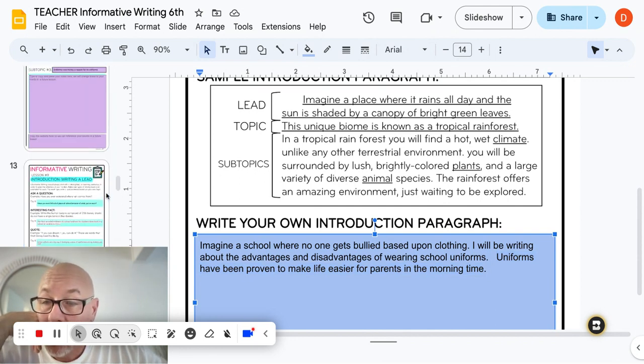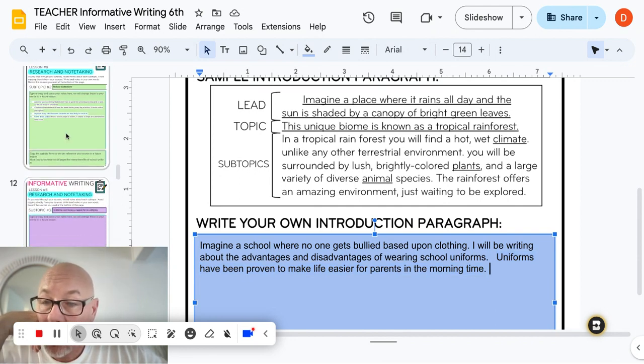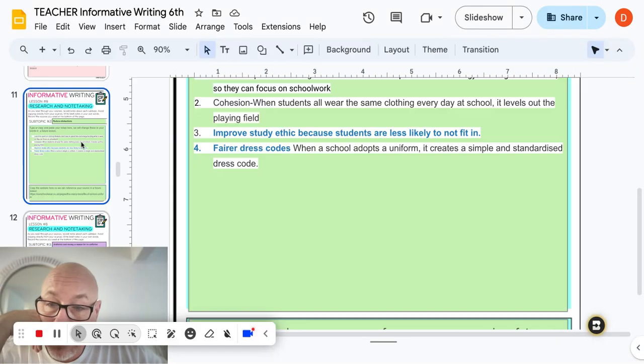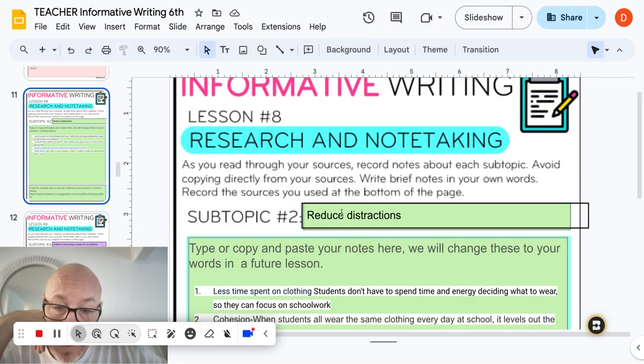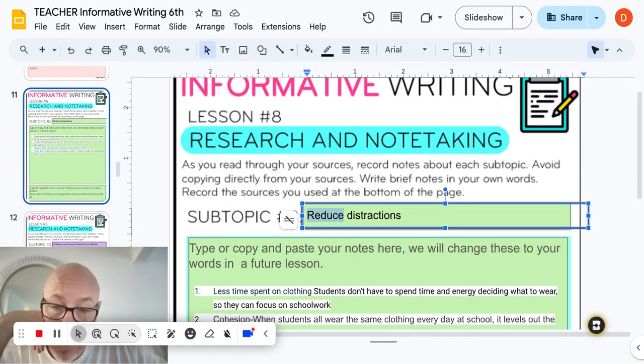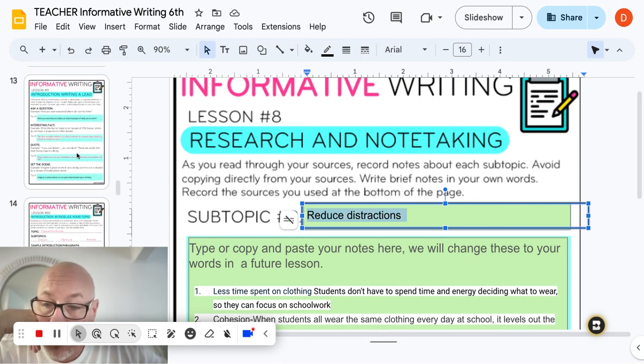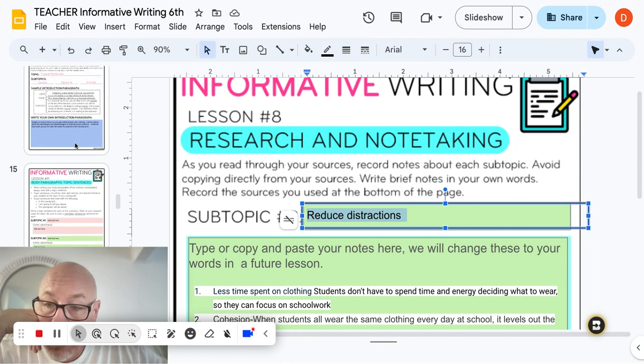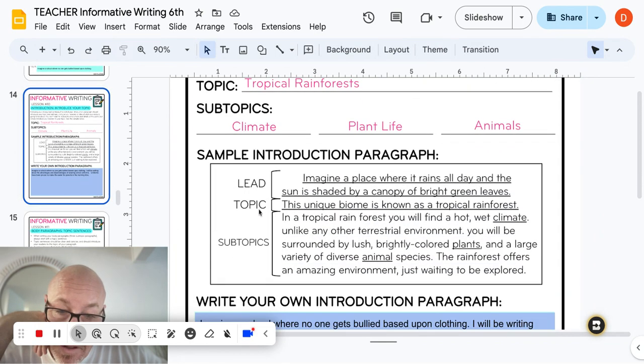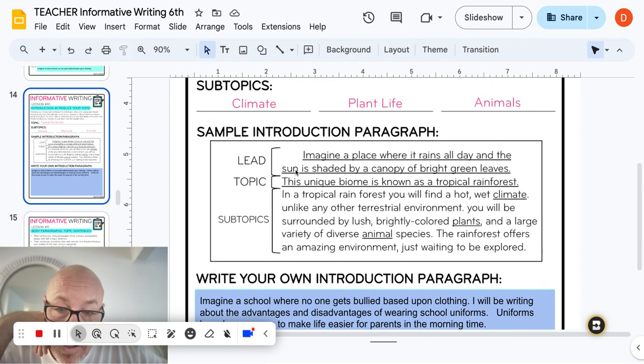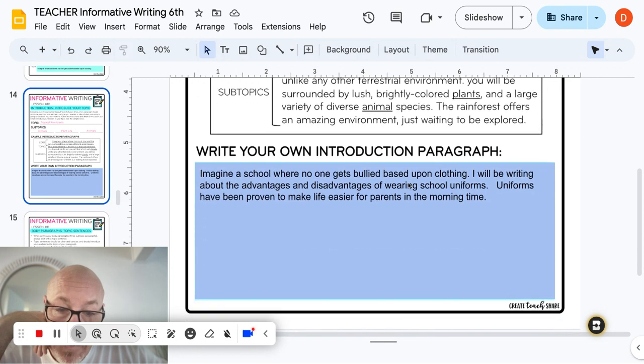Subtopic number 2 is going to be my mint, which is this one. And if you wanted to, you could actually just grab this to help you so you don't forget. I just happen to remember. I'm going to copy that. I'm going to come down here to my introductory paragraph and go like this. Now you remember, we talked about subtopic 1, subtopic 2, subtopic 3. And this is my subtopic number 2.